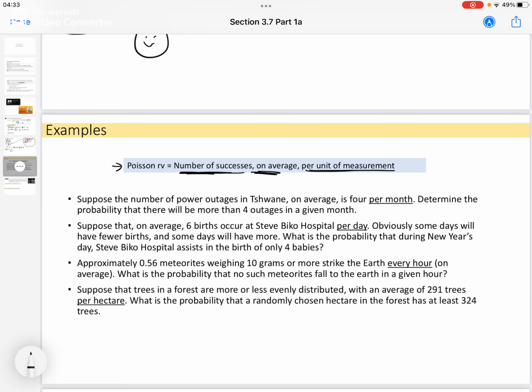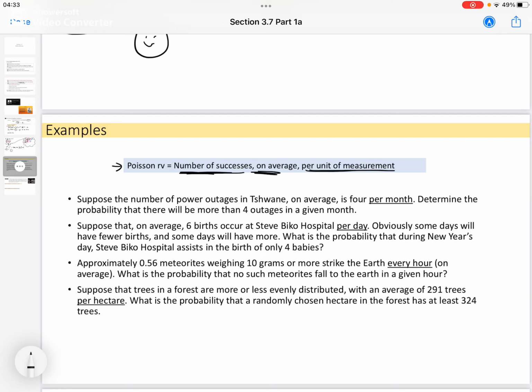If these events occur with a known constant mean rate, and if these events are independent of each other. So we want to calculate the probability of observing a certain number of events or number of successes that can happen within a fixed interval of time or space, right?